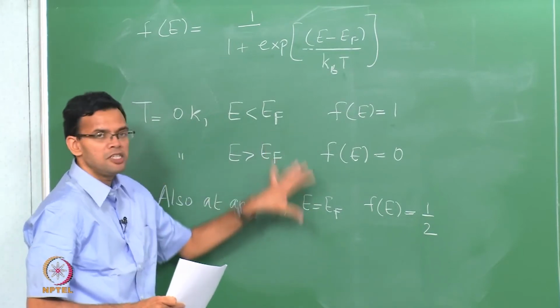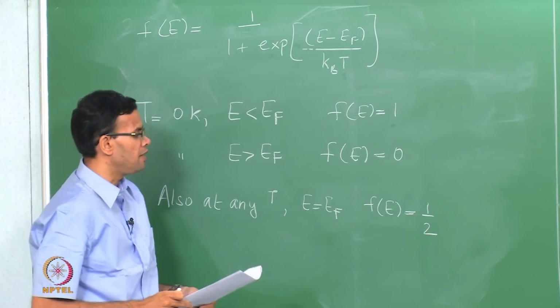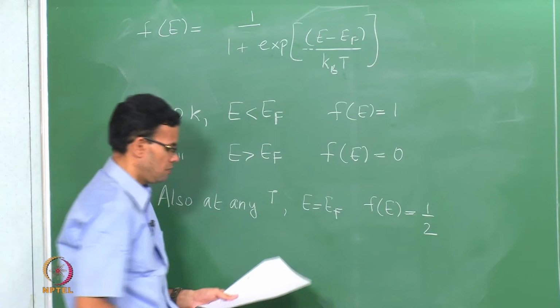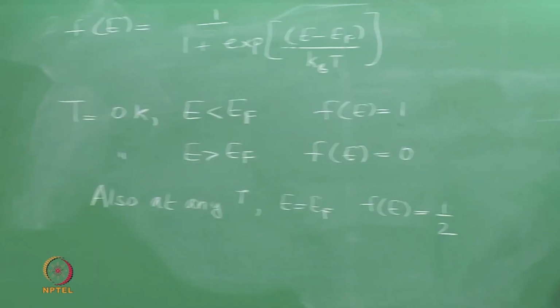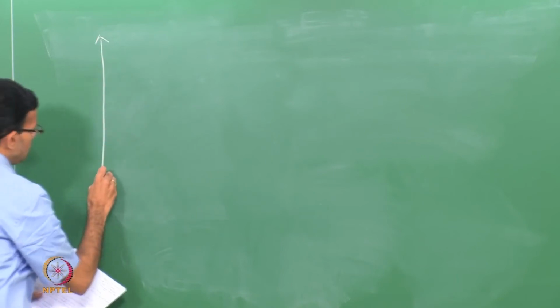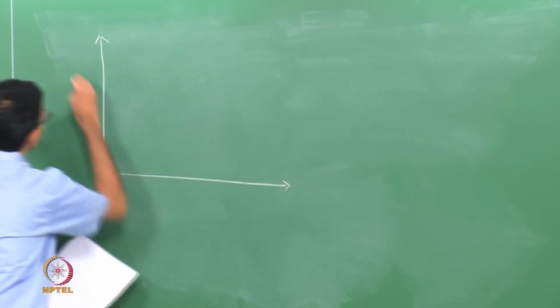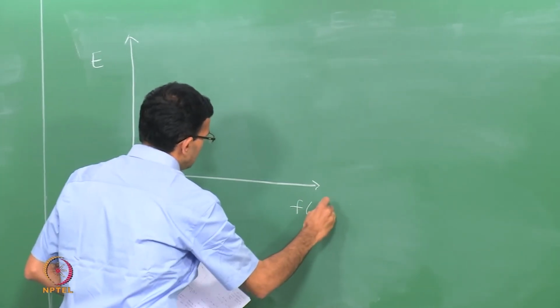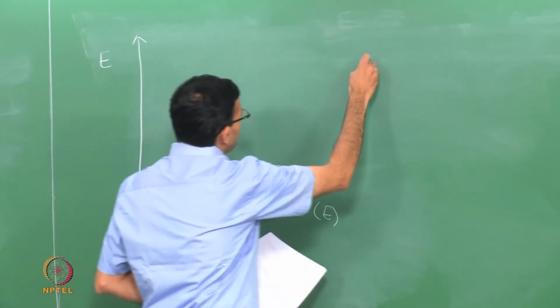We can put all these together and draw a pictorial representation of the Fermi function as a function of temperature. In this, I will have energy on the y axis, f of E on the x axis, and this is what we will be plotting.